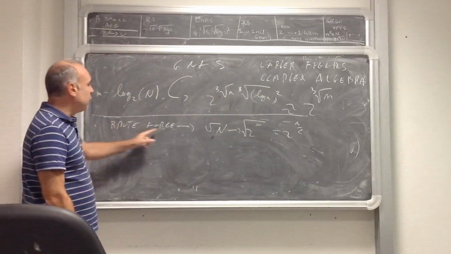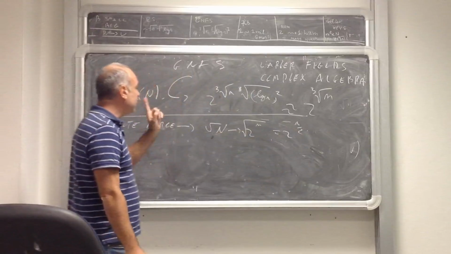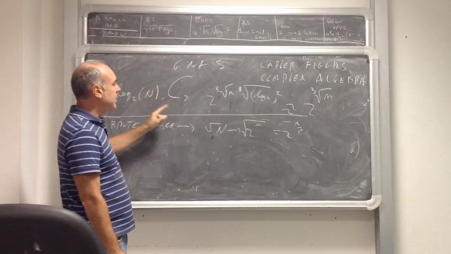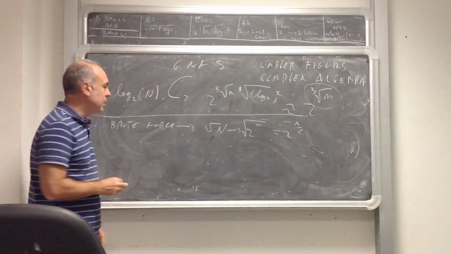Therefore, brute force is exponential in n, but the sieve is sub-exponential, is much, much better.